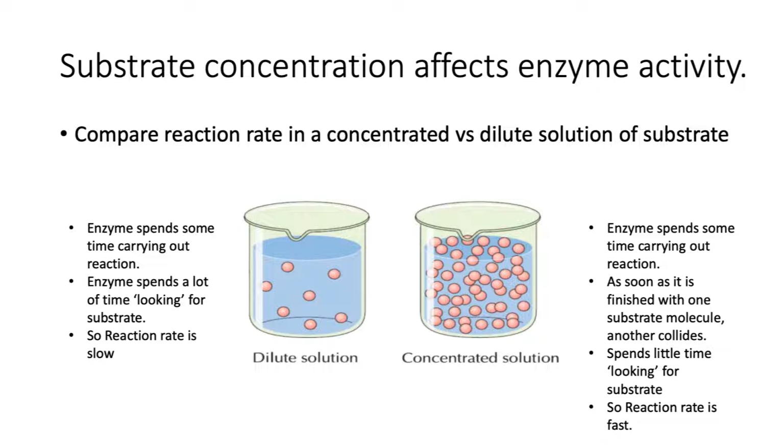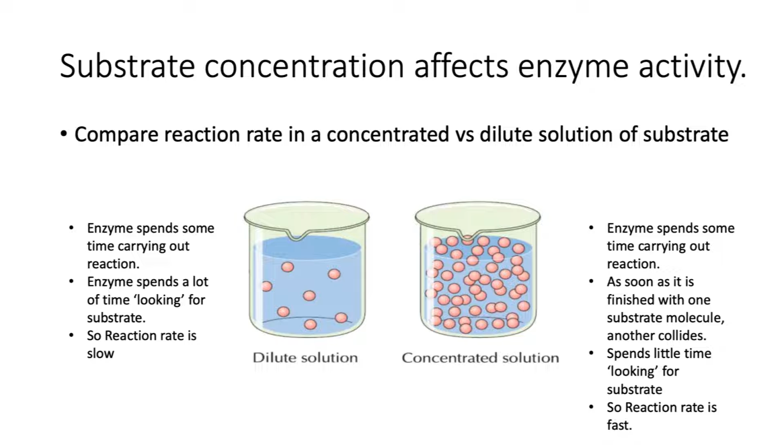And the reason for this is that the enzyme spends a certain practically fixed amount of time actually carrying out the reaction. So once the enzyme encounters the substrate, it takes some amount of time for it to carry out that reaction. Usually it happens very, very quickly.